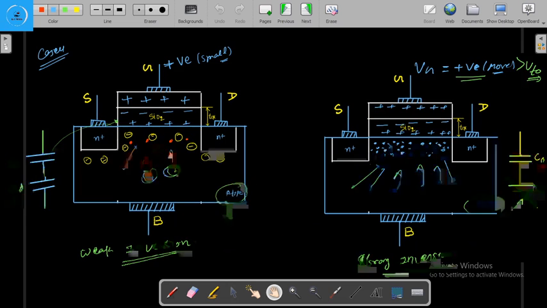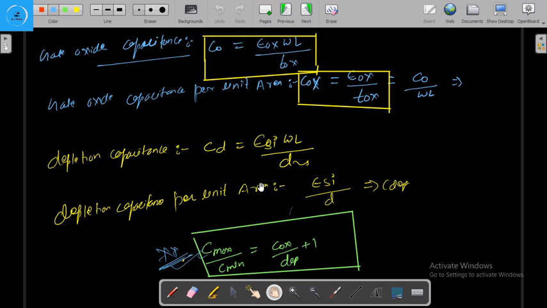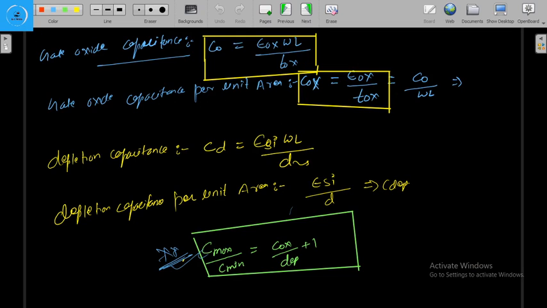We have seen how the MOSFET behaves as a voltage-controlled capacitor, and the formulas for the gate oxide capacitance and the gate oxide capacitance per unit area. Please remember this, because it is really very confusing. You will confuse CO and COX in the exam, and this is the depletion capacitance.